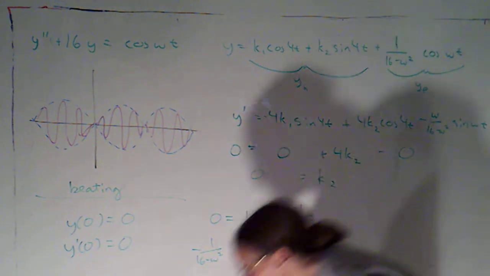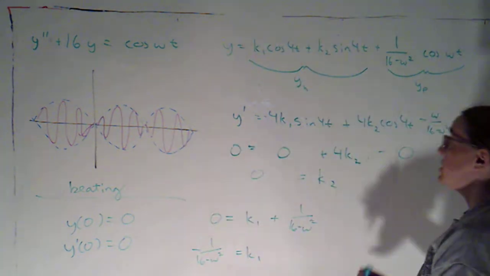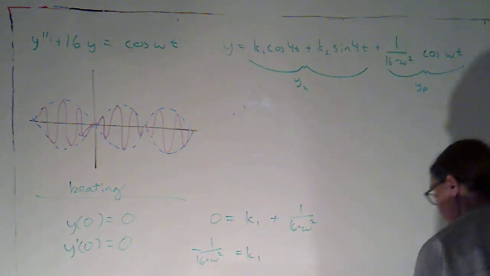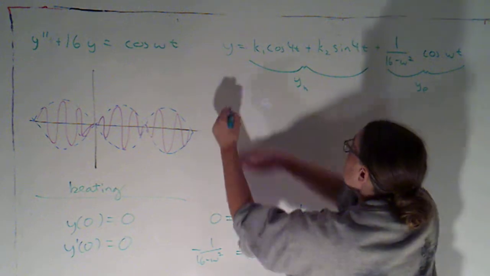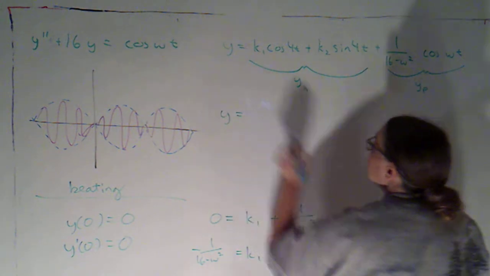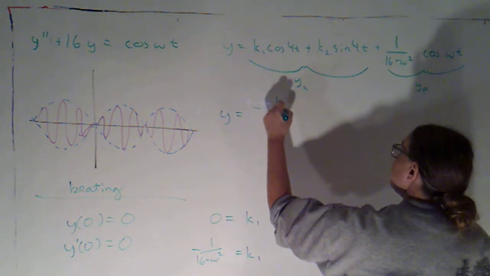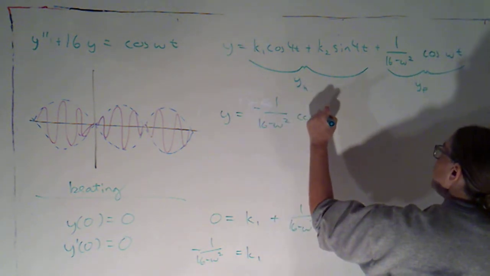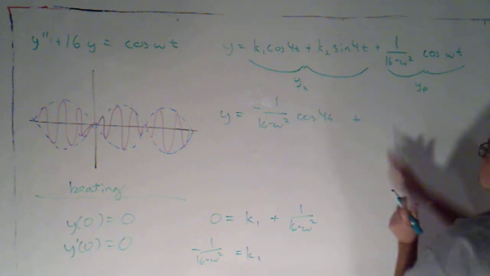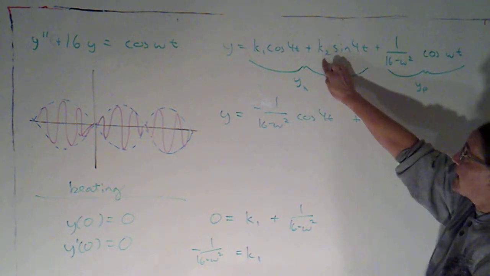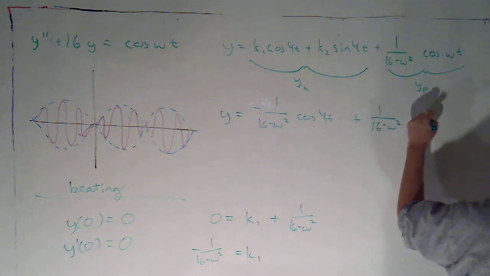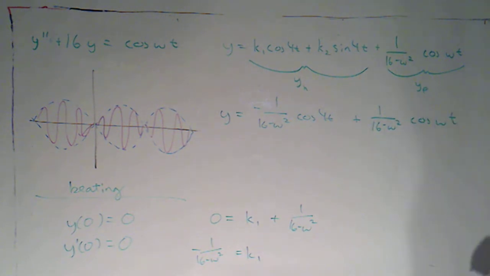So for this particular initial condition, I can rewrite my solution as y equals negative 1 over (16 minus omega squared) times cosine of 4t, plus 1 over (16 minus omega squared) times cosine omega t.